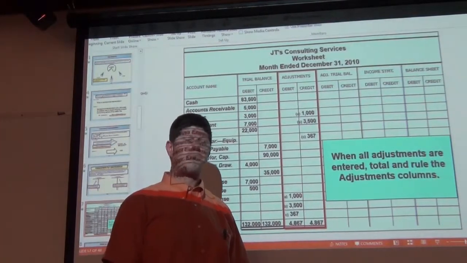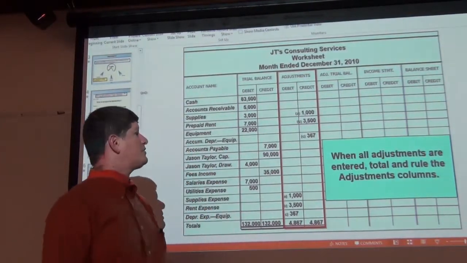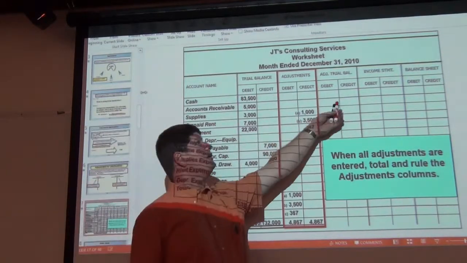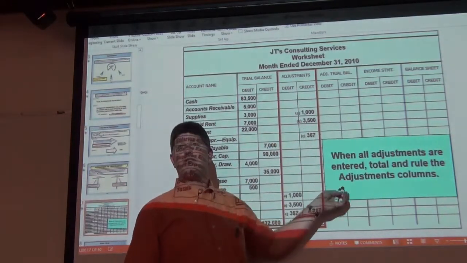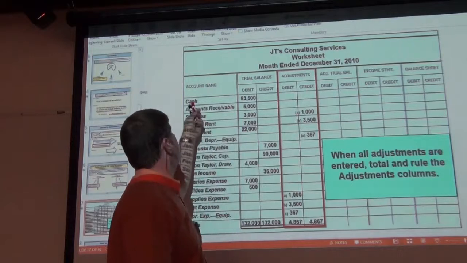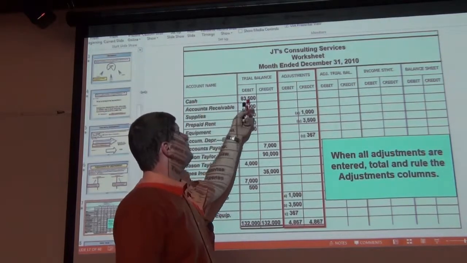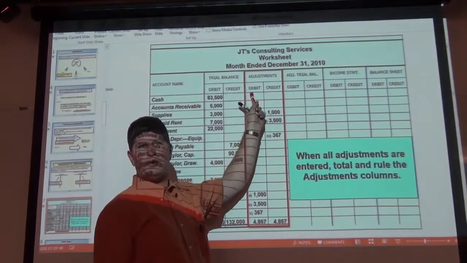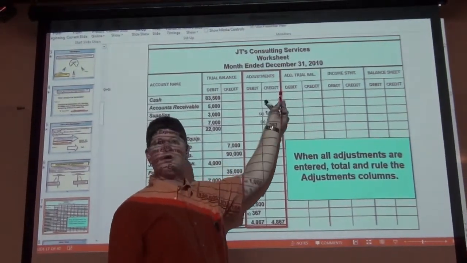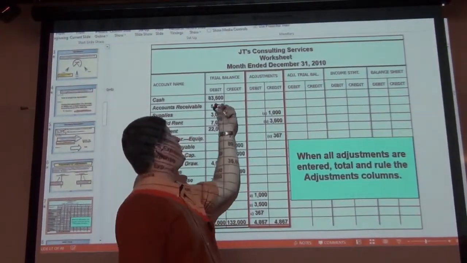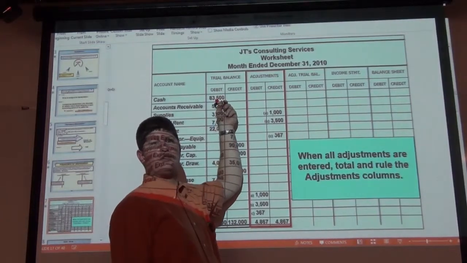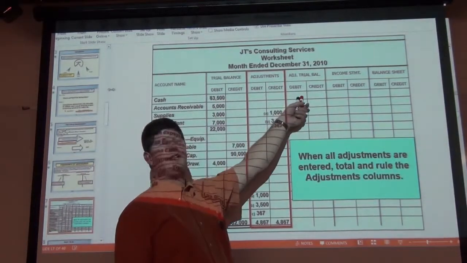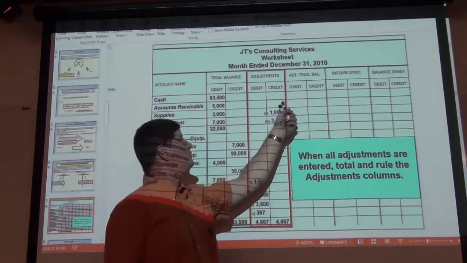Okay? So what we're going to do in the next step is calculate the balances in the adjusted column. Cash, you take your debits, you add or subtract any debit or credit, you put your new balance over here. Are there any debits or credit adjustments to cash? No. So I would just bring the $85,000 across.